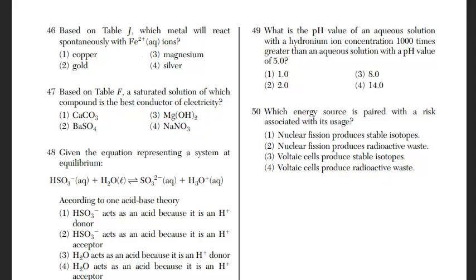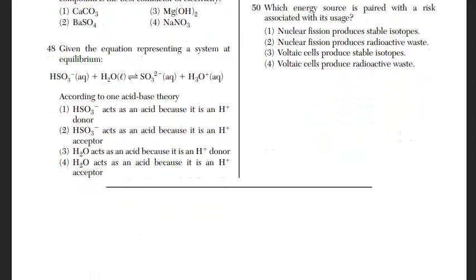Moving on to 48 here. Given the equation representing a system at equilibrium according to one acid-base theory. Well, there are two theories for acids and bases. One is an acid has H plus as the positive ion, and a base has OH minus.